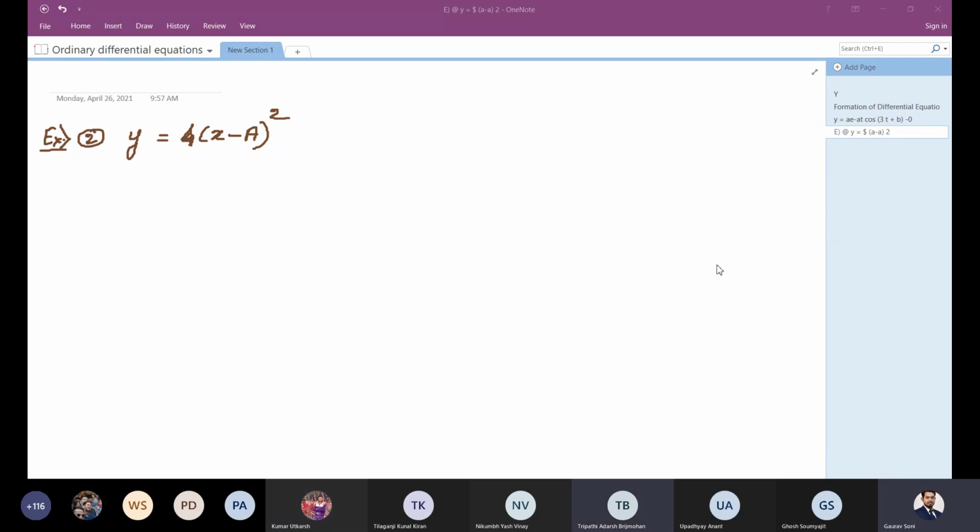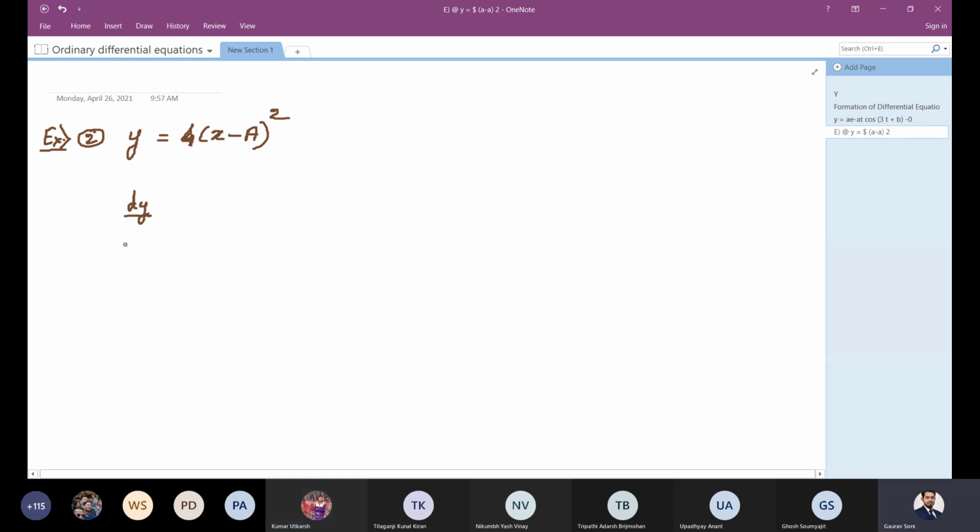Sir, is it dy by dx equals to 4 root y? Yes, exactly. Sir, I also said that, sir, but I took the right hand side 0. You said dy by dx minus 4 root y equal to 0. Okay, maybe I didn't understand it properly then.